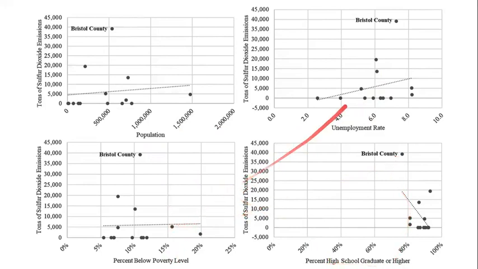Bristol County has higher emissions relative to the other counties, and it tends to have higher unemployment rates and lower education rates, the things that would indicate a low socioeconomic status community in relationship to these other areas.